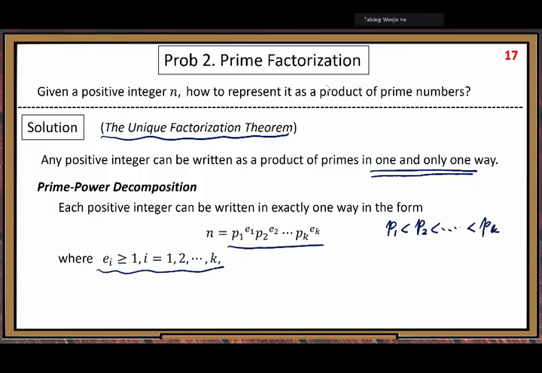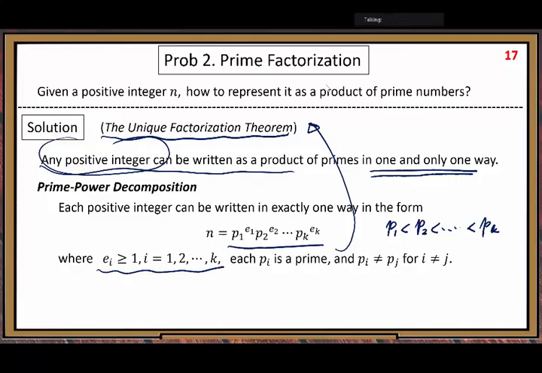You can always do this for any positive integer. That is the unique factorization theorem.